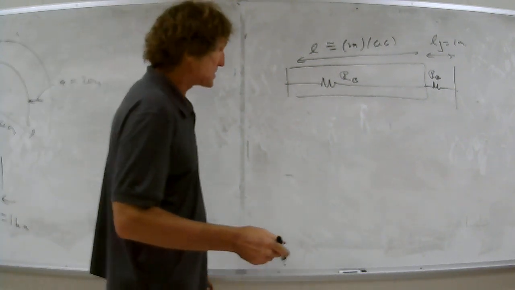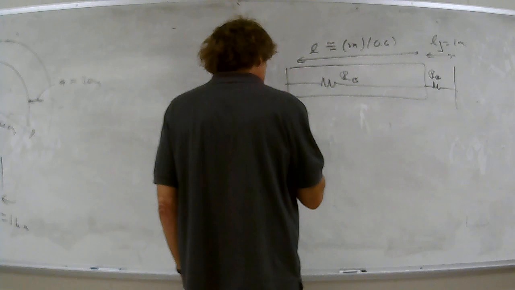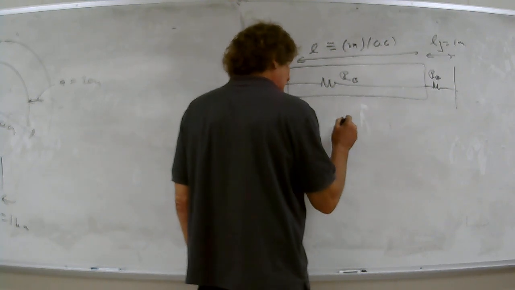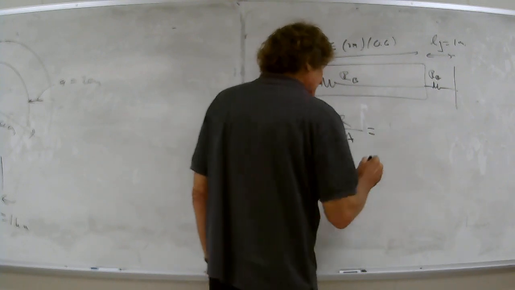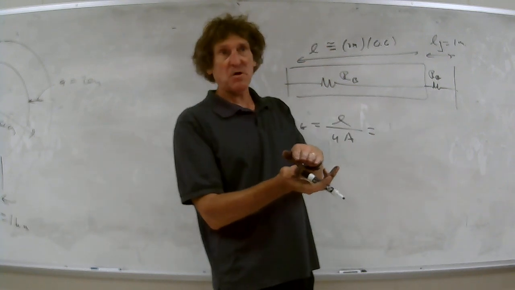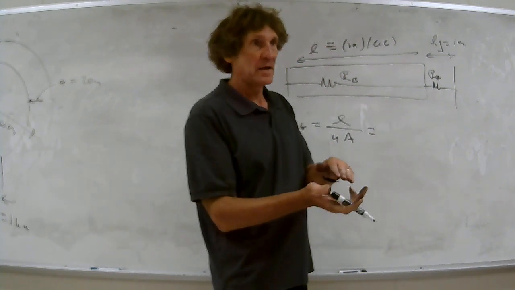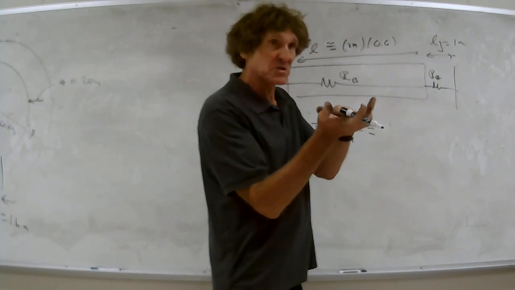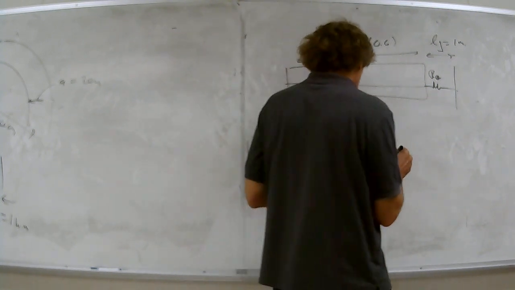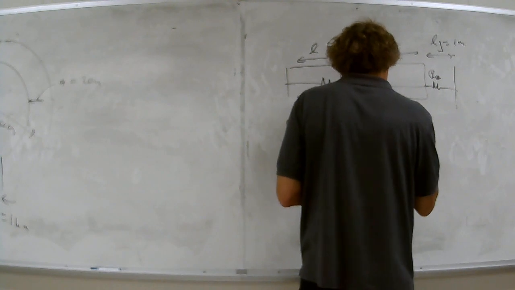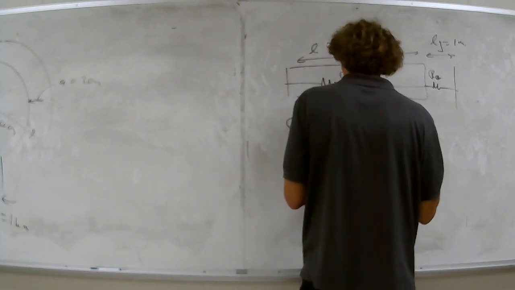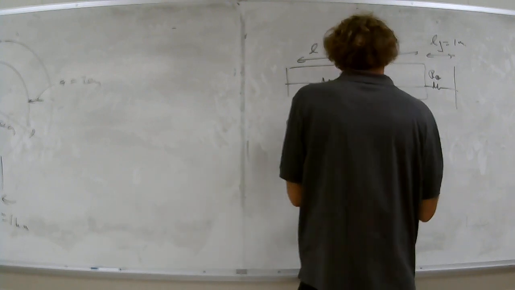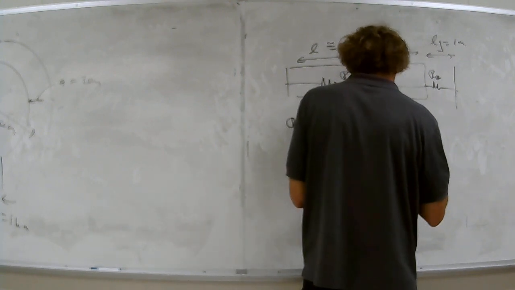So the reluctance of the gap, well, I've always said it's L over mu area, right? They give you the length of the gap. It's small, it's 1 millimeter, much, much smaller than the radius. So I'll just put L gap over the area, which is pi times a squared, right?